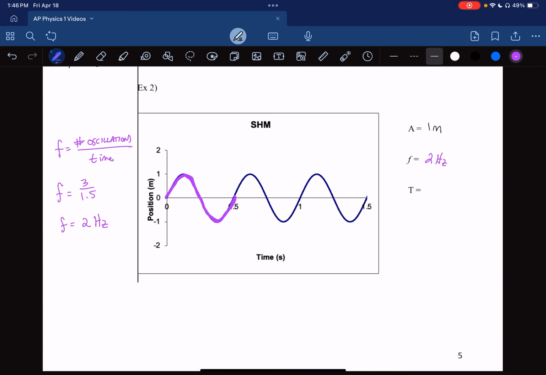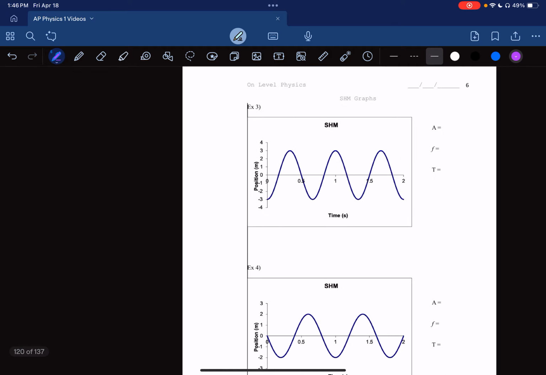And if I messed up on the math, just write it down with the correct number. Okay, period. We can just look at one cycle and say, okay, it took 0.5 seconds. Of course, you can also show work for this. We can take 1 over the frequency, which is also 0.5 seconds.